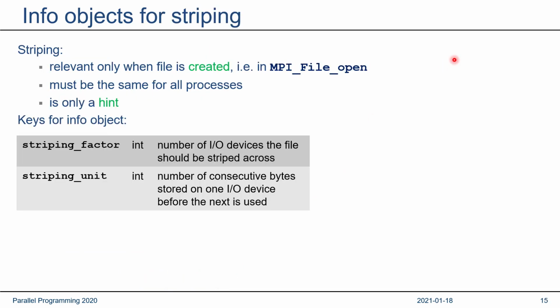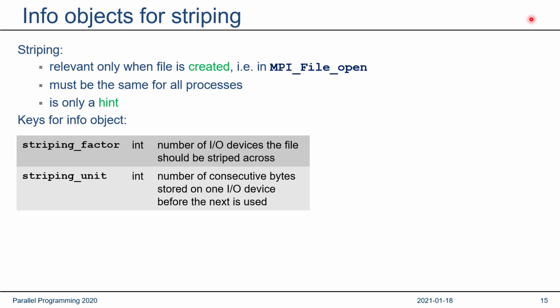Here's an example for how an info object can be used to optimize I/O. These info objects are specified when you create the file, so upon MPI_File_open, and they must be the same for all processes, else the behavior is undefined. As I mentioned, it's only a hint. The MPI implementation is free to ignore the info object.